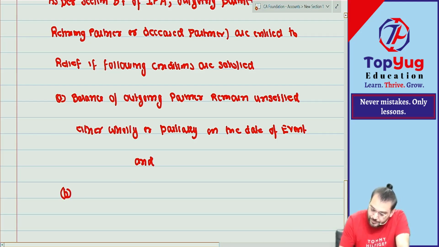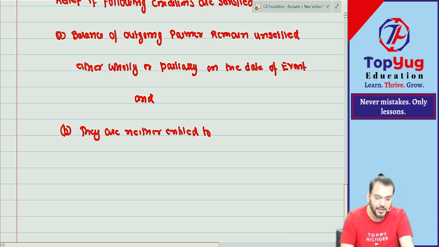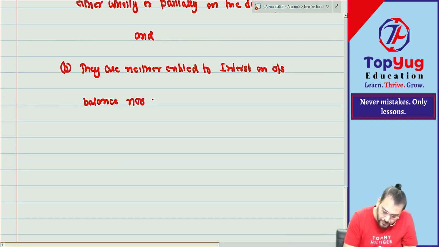And point number B. They are neither entitled to interest on outstanding balance, nor any share of profit.